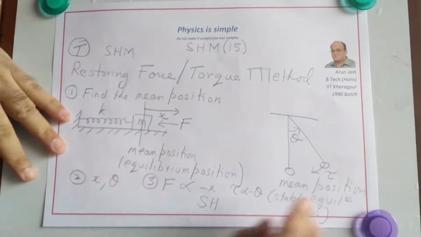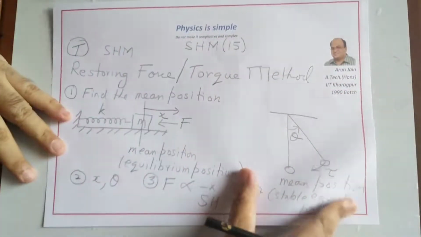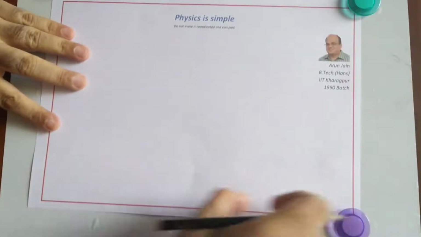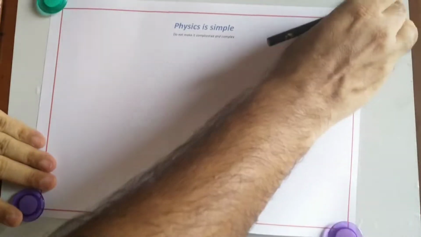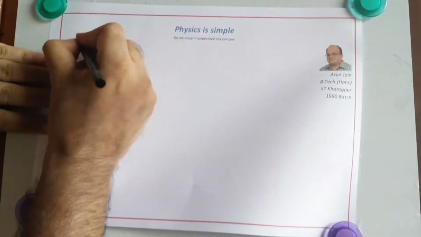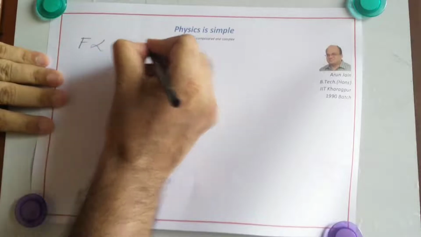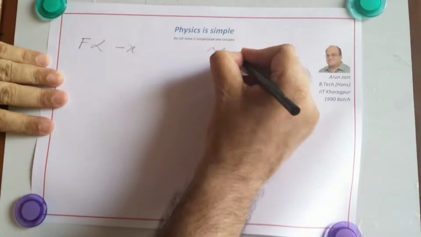Once we have proved that the motion is simple harmonic, then we can write F as minus kx and torque as minus k theta. So now we have F is proportional to minus x, torque is proportional to minus theta.